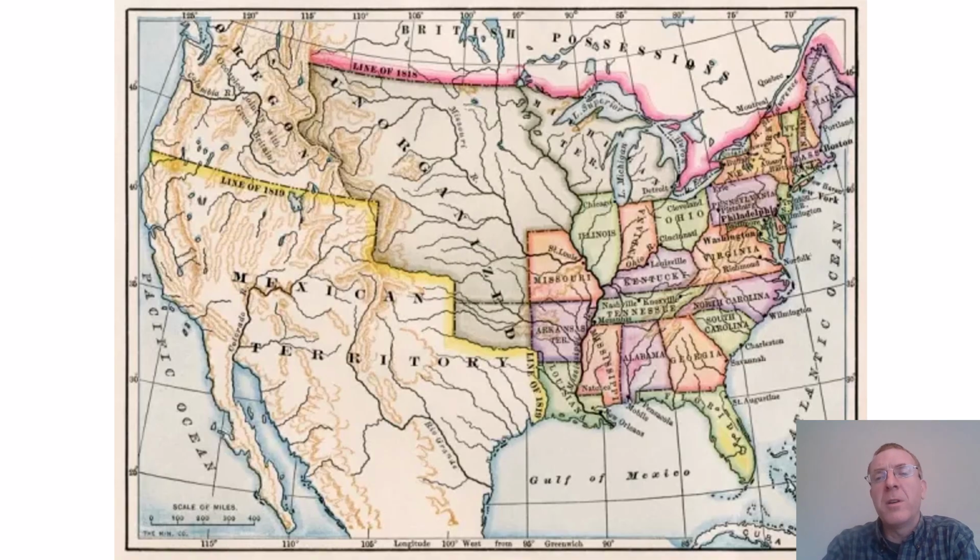Now, I want to just have a quick review with this map of that first point, was the fact that the United States was expanding still west. However, they did not see in the South how slavery could continue to be spread west.